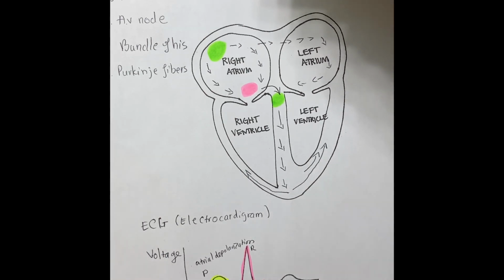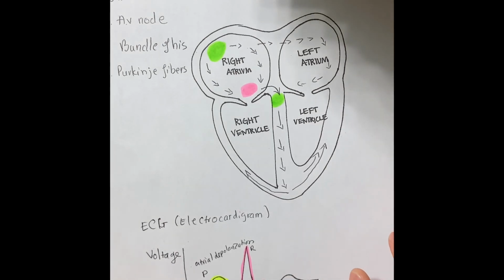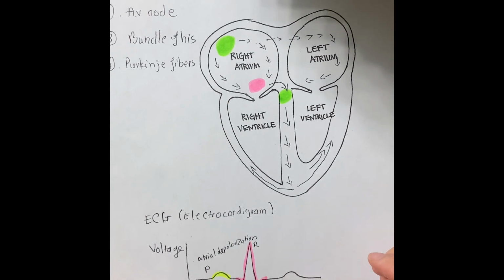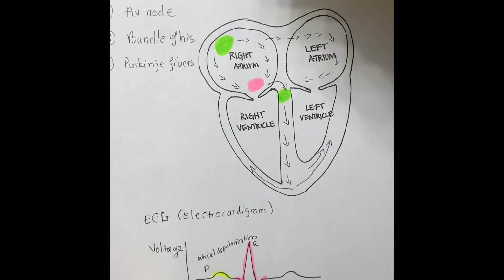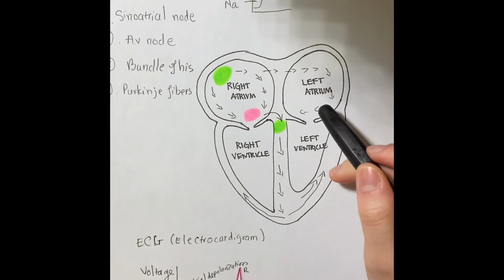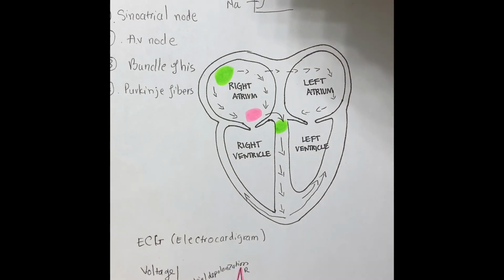And this is when the ventricles are depolarizing. The atria are repolarizing, but since this is a huge electrical activity, it kind of masks the way that the atria are repolarized. This is when the signal passes down and up to the ventricle walls.